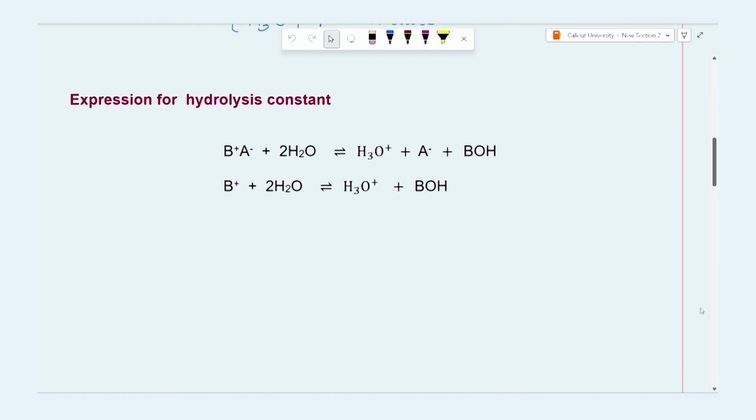Here, I am going to take a common salt, which we always write as B plus A minus, that will be ionizing. So, I have written it in the form of ions. It interacts with water to form H3O plus, that is one of the protons is donated to water, it goes to H3O plus with A minus.